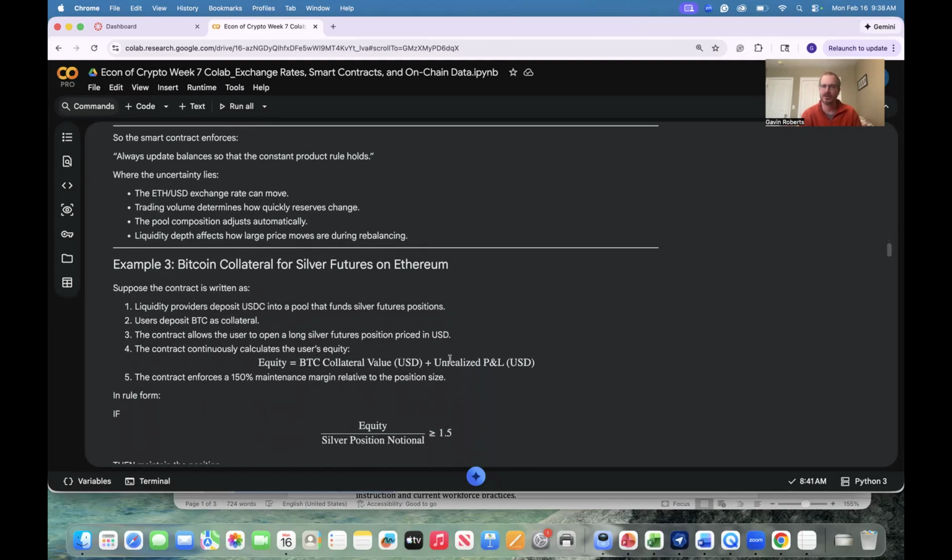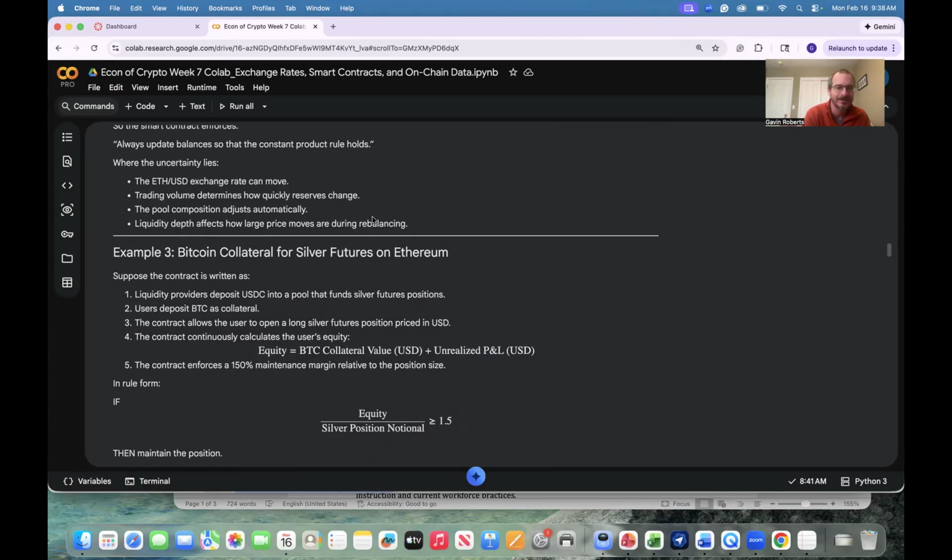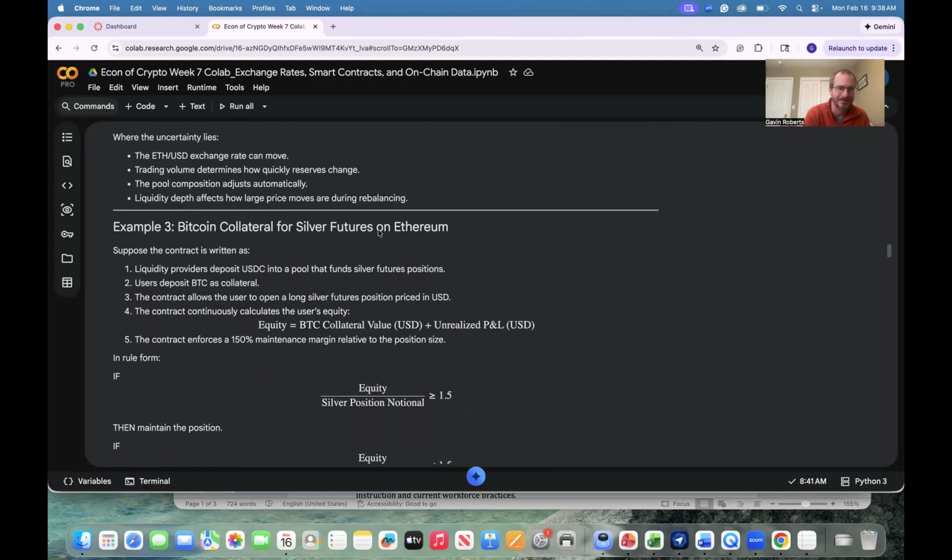So what is the smart contract doing here? It always updates balances so that the constant product rule holds: X times Y equals K, which was 25,000 in this case. So think about that statement if you need to. The uncertainty lies in where the Ethereum US dollar exchange rate can move.